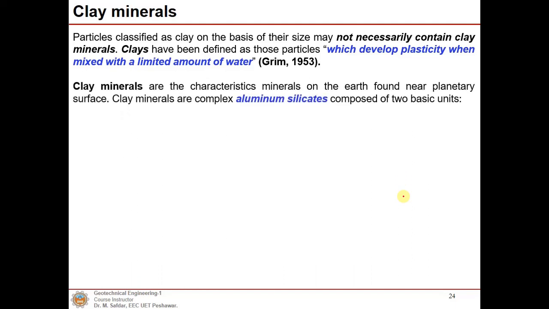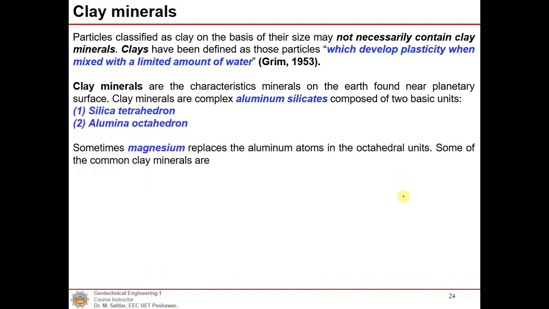Clay minerals are the characteristic minerals on the earth found near the planetary surface, and clay minerals are complex aluminum silicates composed of two basic units, silica tetrahedron and alumina octahedron. Sometimes magnesium replaces the aluminum atoms in the octahedral units. Some of the common clay minerals are kaolinite, illite, and montmorillonite.